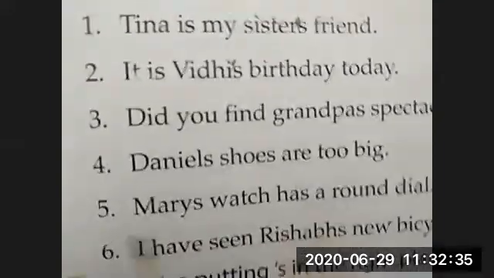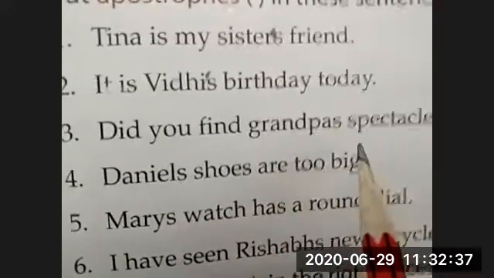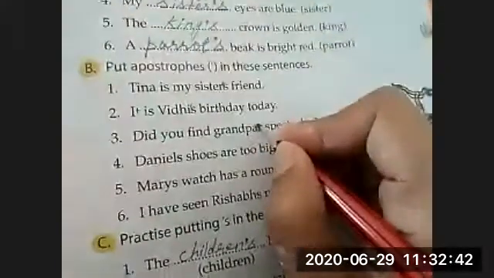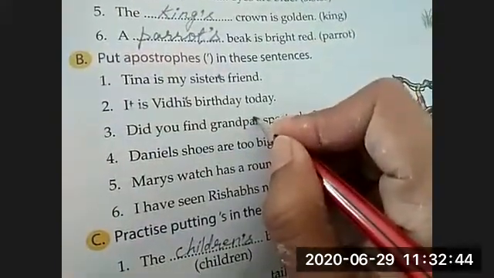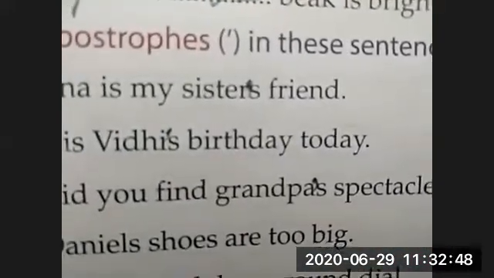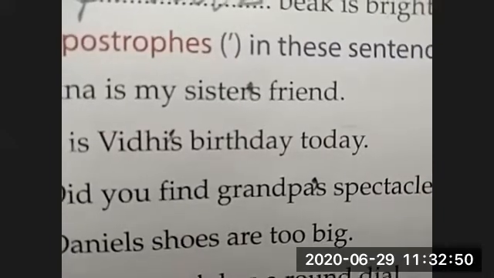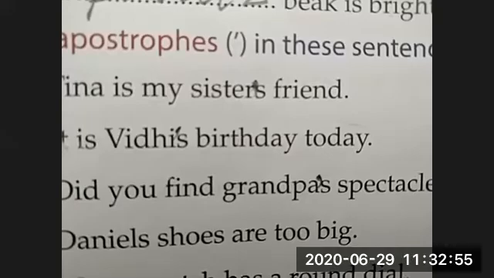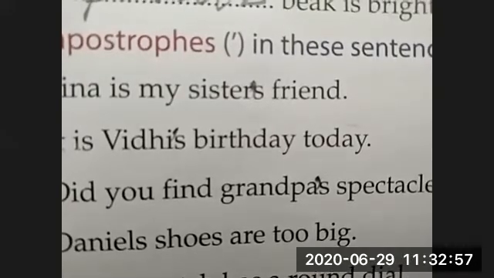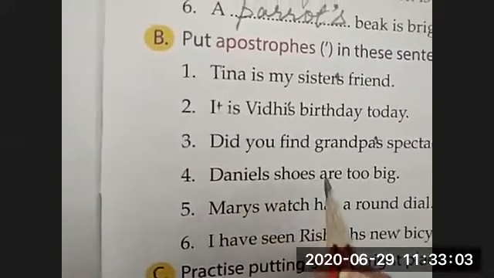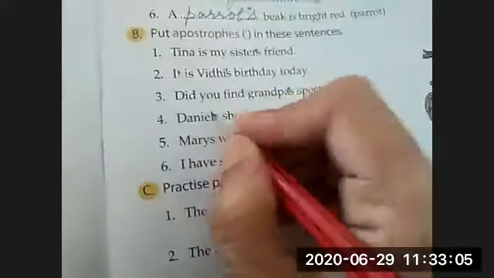Now, did you find grandpa's spectacles? Where did you put it? Here, grandpa's, after A. The next question is Daniel's shoes are too big. So we will put it here.